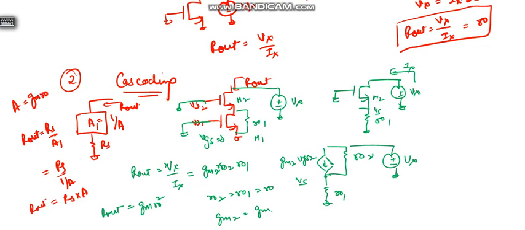So Rout equals gm RO RS. So you can develop the intuition here that Rout is RS into A, where A is the intrinsic gain of the device. Okay, now let's consider three cascoded devices.